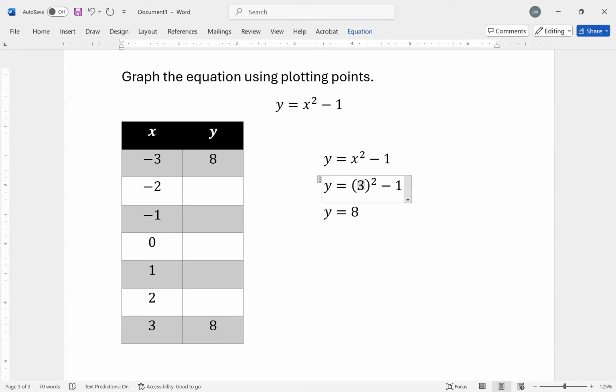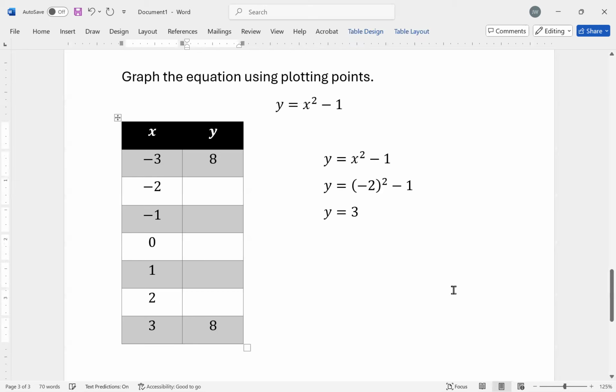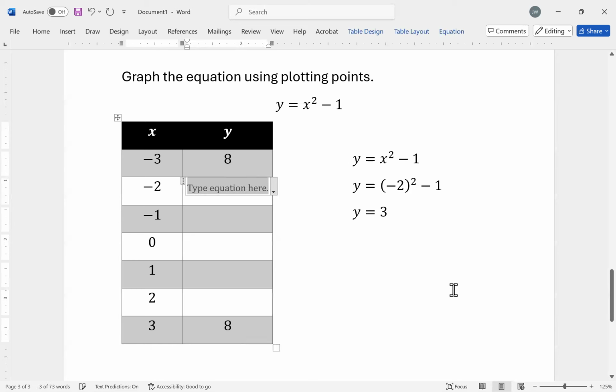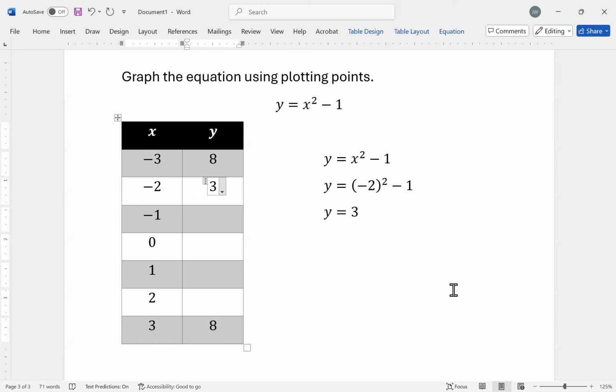Let's move on to the -2. Plug in a -2. -2 squared is a +4. Minus 1 is a 3. So we end up with -2, 3. And if I would have plugged in a positive 2, I would have also gotten 4 minus 1, which is a 3.